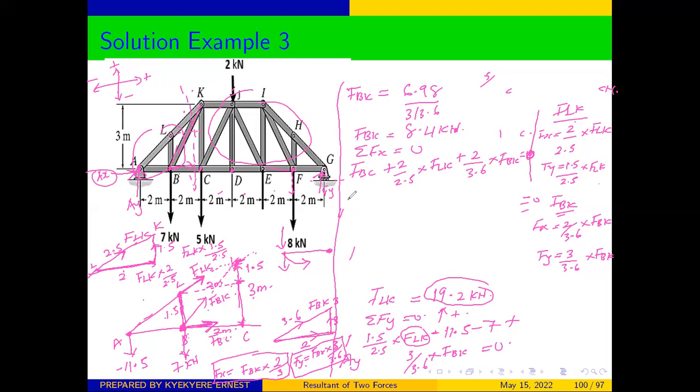So FBC will be equal to negative 2 over 2.5 times 19.2 minus 2 over 3.6 times 8.4. From there, FBC will be equal to negative 15.36 minus 4.67, and FBC will be equal to 20 kilonewtons. So with this, we are done solving the problem.